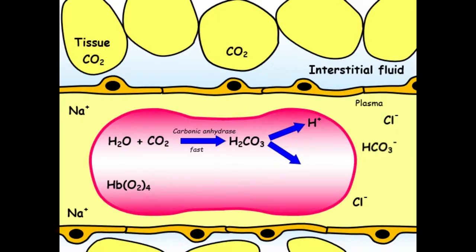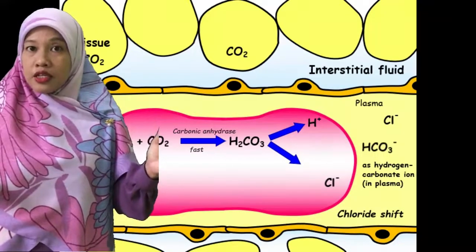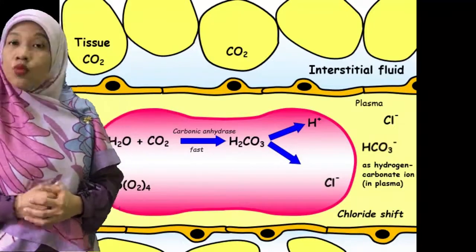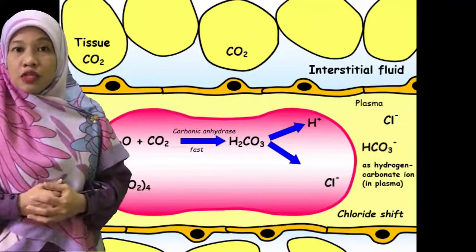So the chloride ions in the plasma diffuse into the red blood cell to reduce the positive charges in the red blood cell. This is known as chloride shift. This way of transportation is the major way, which is 60 to 70%.